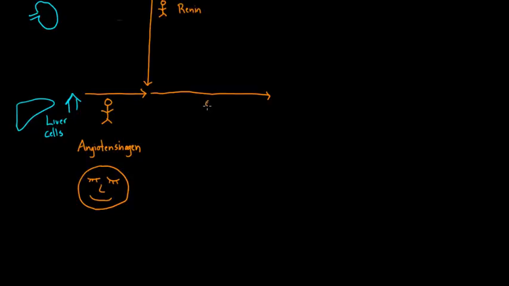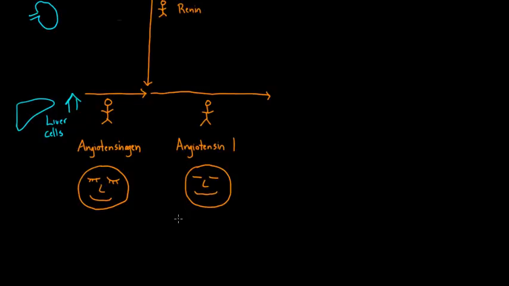And if that doesn't wake you up, I don't know what would. So angiotensinogen becomes angiotensin 1 after meeting renin. Renin is an enzyme that cuts a big chunk of this angiotensinogen protein away. And angiotensin 1 is the result. If you were to zoom in on this guy's face, it would be awake.